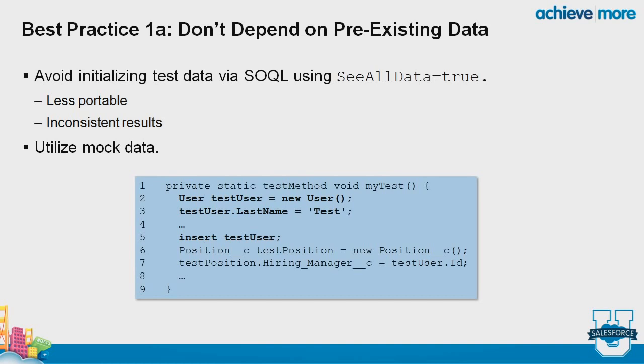Similar to what we just did, we actually create the records. We don't read them from the database. In the exercise you just finished, we only have one SQL query, and that's to validate that the record that we created and inserted has the value that we think it should have. But we didn't do queries on the initialization. We should not depend on data. Good.